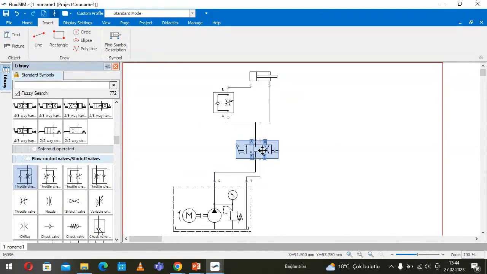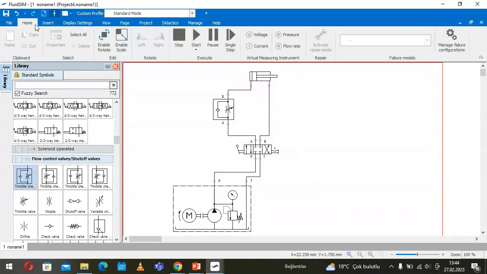Okay, I need more place here. And I can easily adjust, let's say, the speed in advanced stroke. Let's see that. Okay, start simulation.